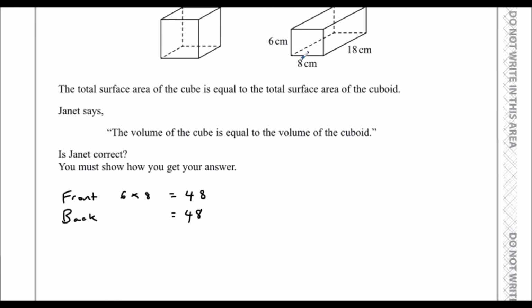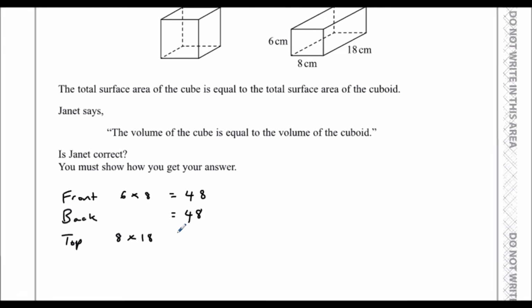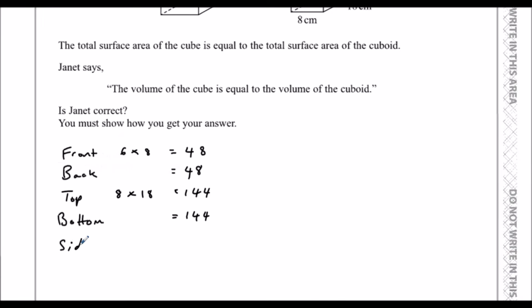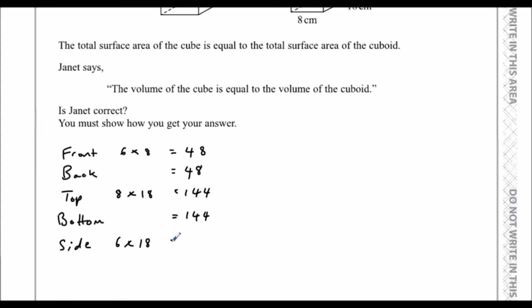The top is 8 times 18, which is 144 centimeters squared again. The bottom again is the same as the top, so 144. And the sides are 6 times 18, which is 108 centimeters squared. So both sides are 108.